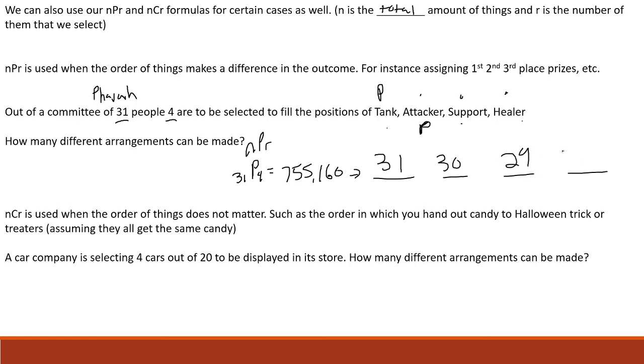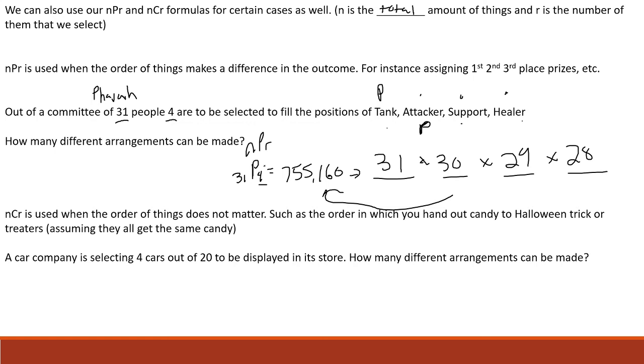After that, I only have 28 people that can be a healer. If I multiply these together, I get back to this number. So all nPr does is split it into 4 cases and do 31 times 30 times 29 times 28, or whatever numbers you have. So you can do it without the formula as well. It's a pretty simple one to do by hand, but now you know what's going on behind the scenes.